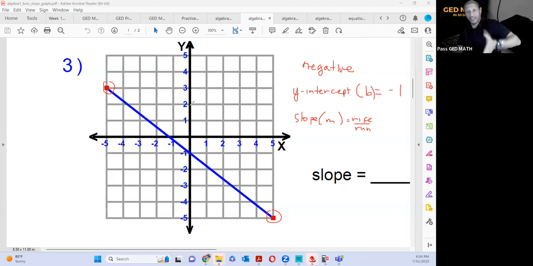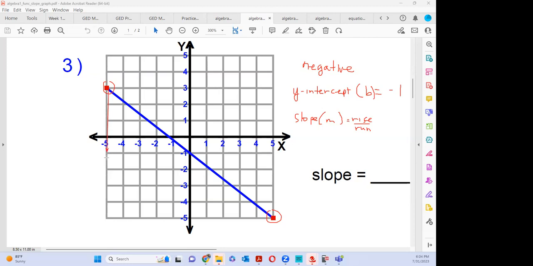Rise is up or down. Do I have to go up or down first? Down. Count with me. 1, 2, 3, 4, 5, 6, 7, 8. So we now know the rise is what kind of 8? Negative. -8.